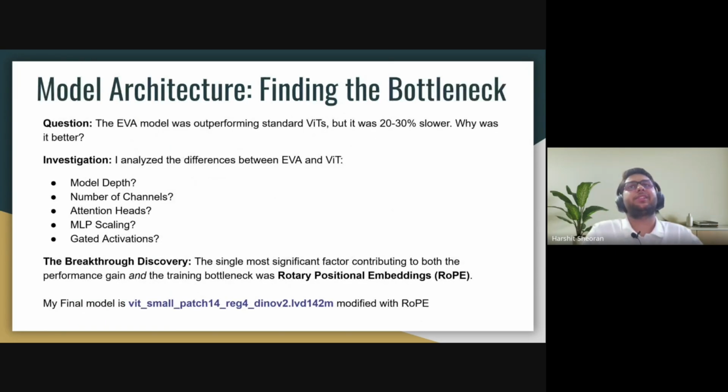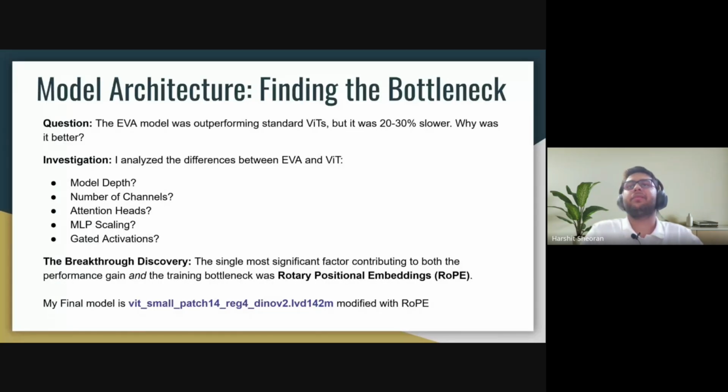Then the question came: why is the EVA model specifically outperforming the standard ViTs, even though it's slower? It was outperforming them by quite a bit, like 3 to 4 MAE on the same set of training. So I tested model depth, number of channels, attention heads, MLP scaling, gated attentions, basically everything that was possibly making something faster or slower, or that was different between the standard ViT and the EVA ViT.